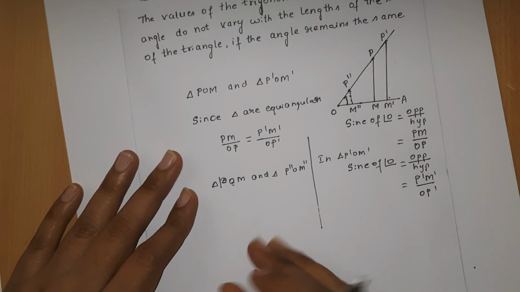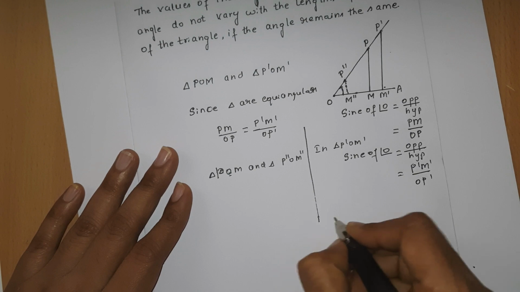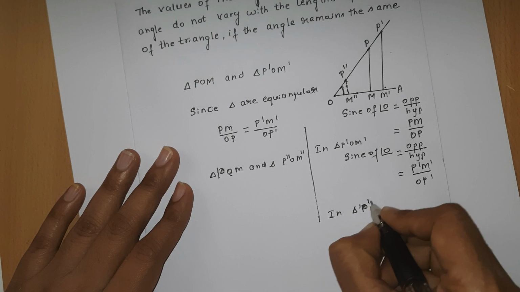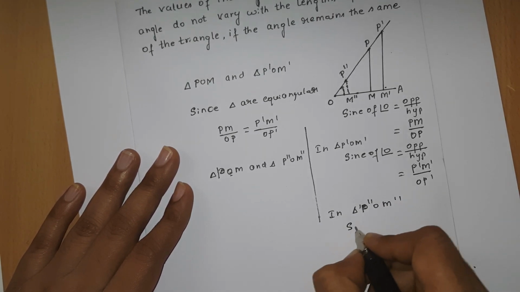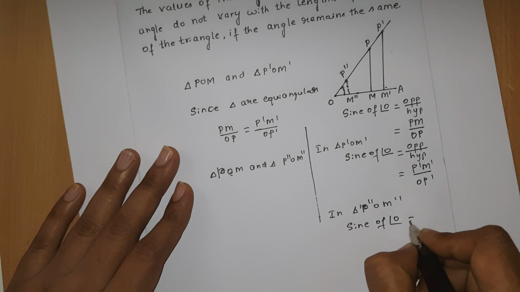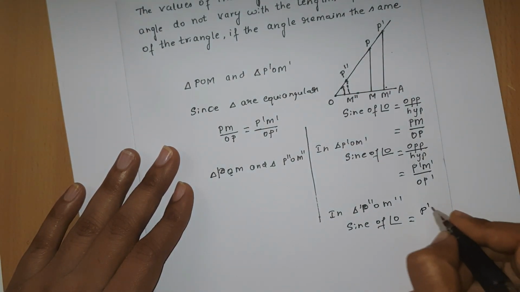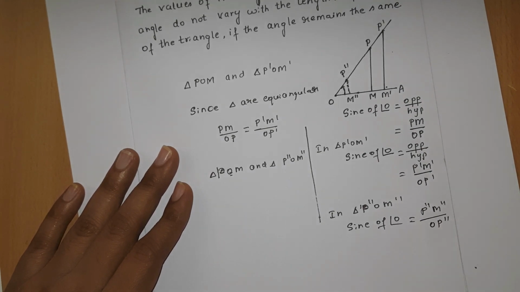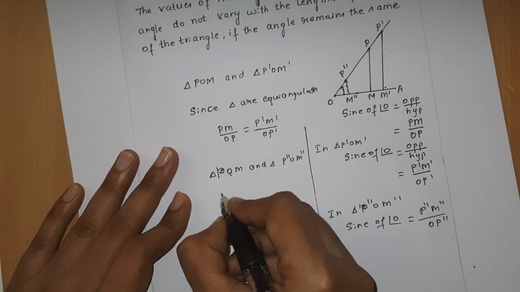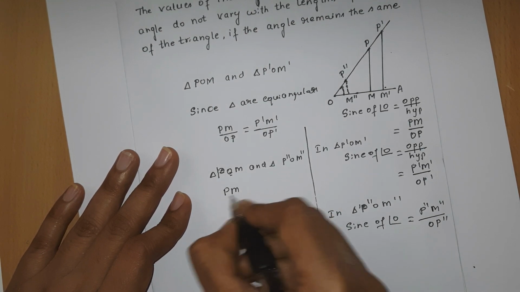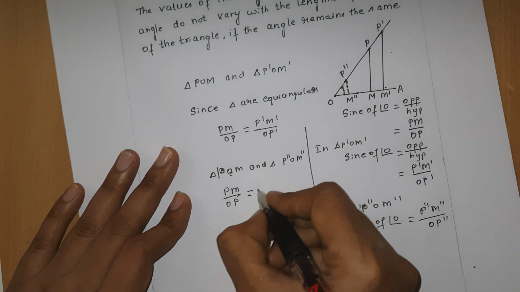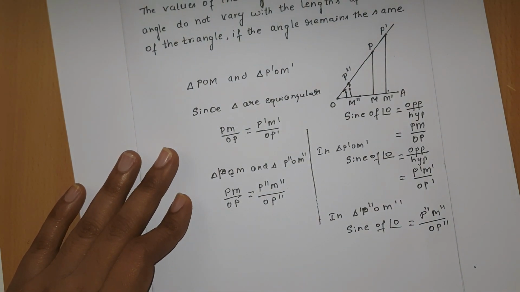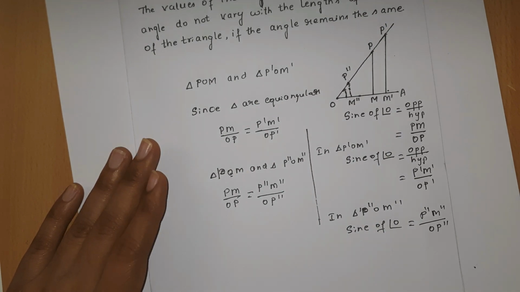So now again, sine of angle O in triangle P double dash OM double dash is given by the opposite side, P double dash M double dash, by OP double dash. So according to triangle POM, we have PM by OP equal to P double dash M double dash by OP double dash. So here we have taken only the first trigonometric ratio.